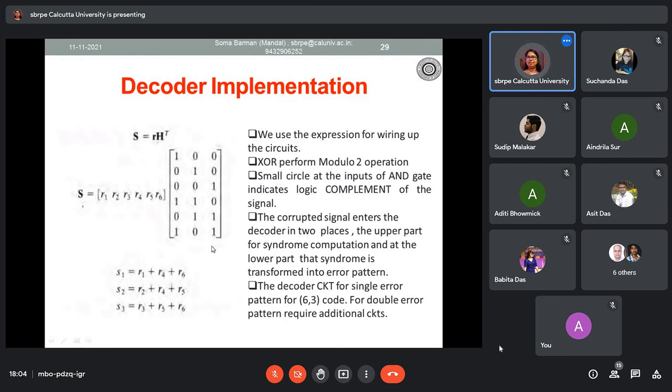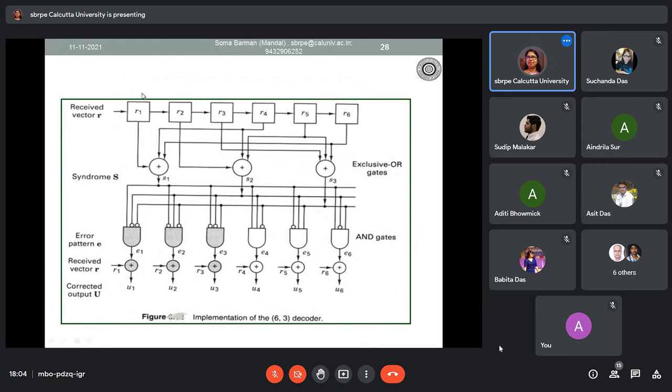So this way, R1, R4, and R6. See here, first one, R1, R4, and R6 are added. Similarly this way, and based on that your error pattern is generated.